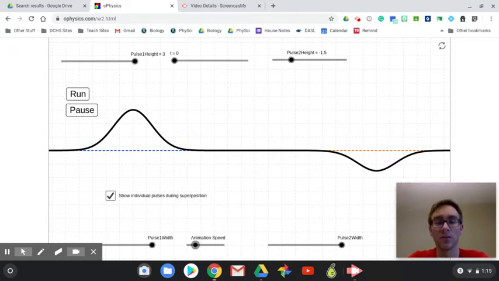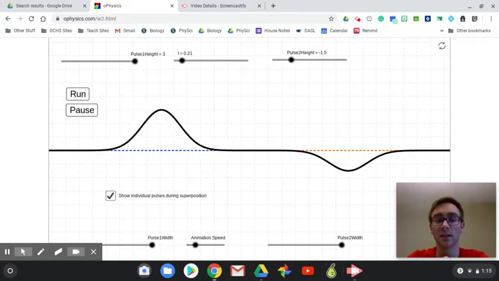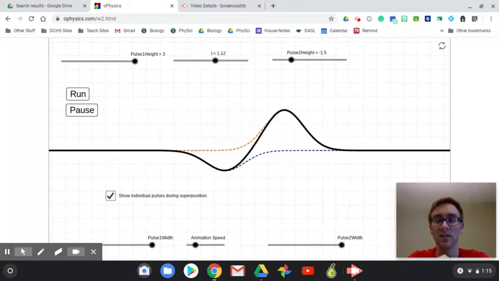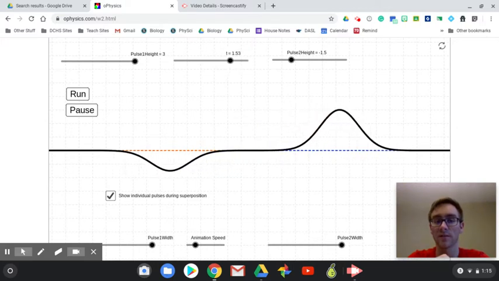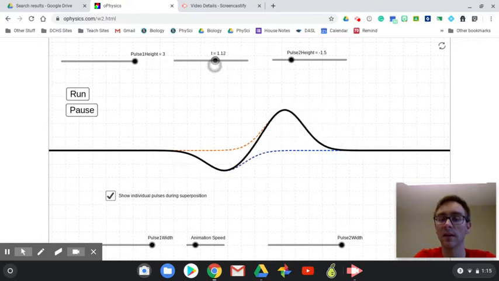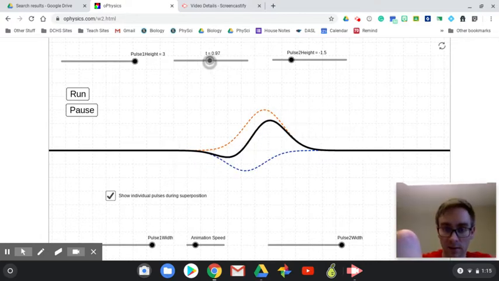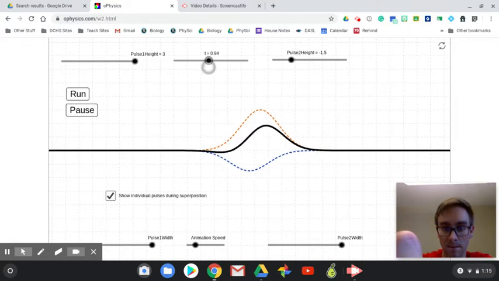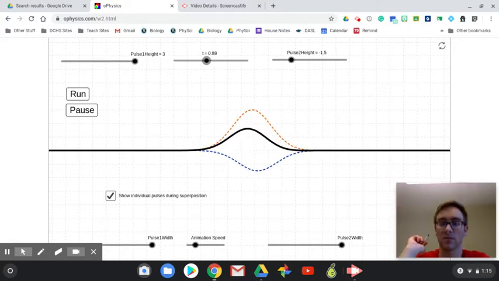When these two waves run against each other, this is going to be destructive interference. See if I can get a good spot of it right there. That's about as close as I'm going to get.